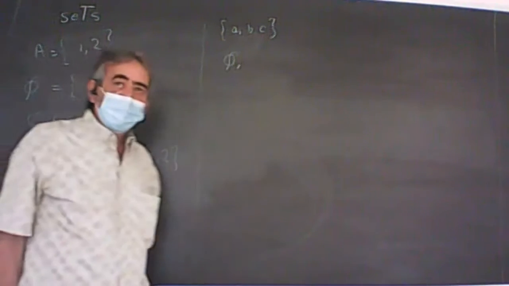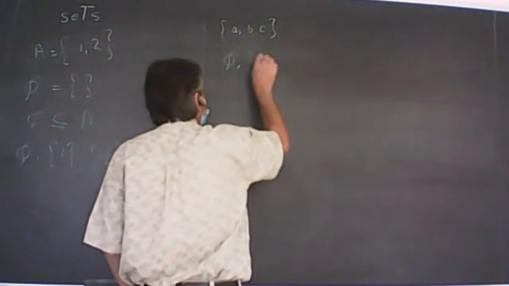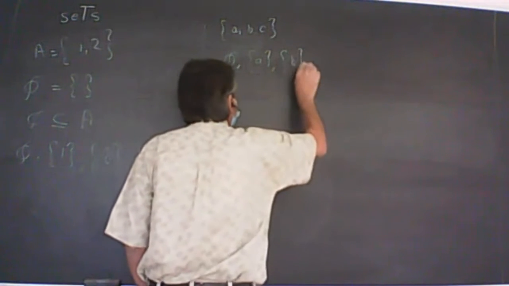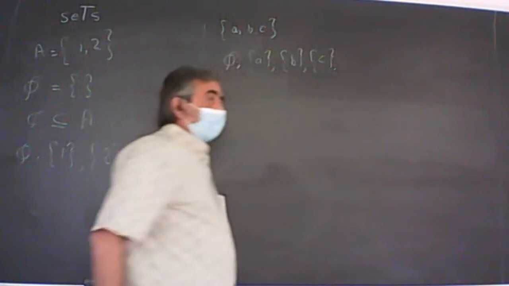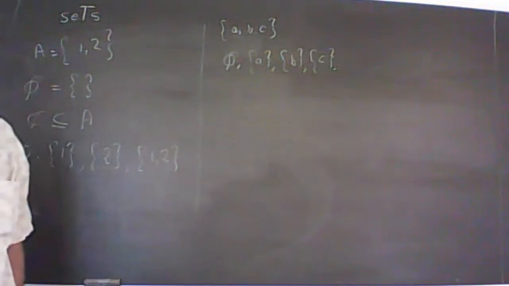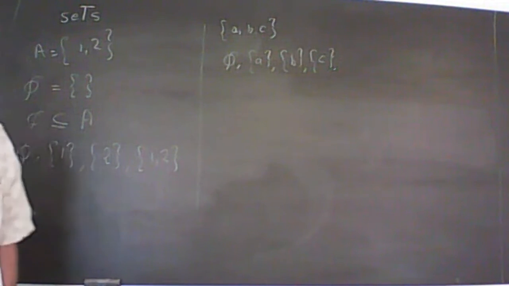Then we can make sets of 1 element each. So that is A, B, C. Those are, again, subsets of that.